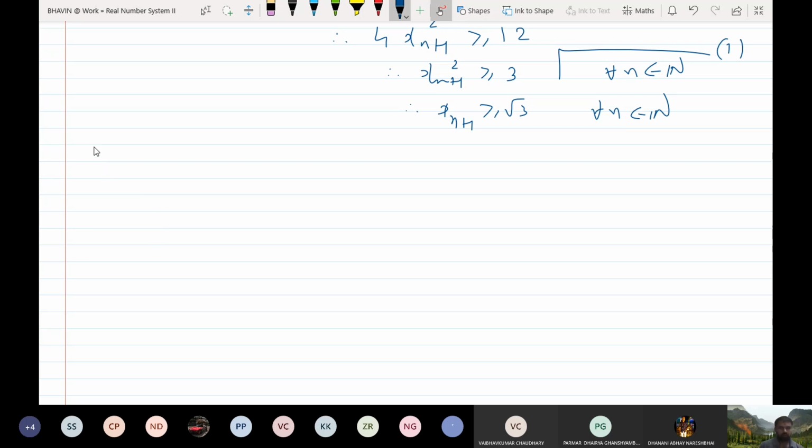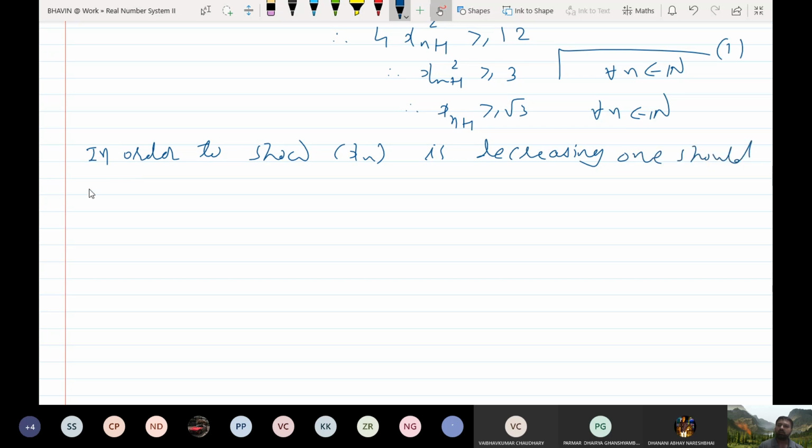seen this. Now in order to show xn is decreasing, one should consider, we should consider rather, xn plus 1 minus xn, this difference.